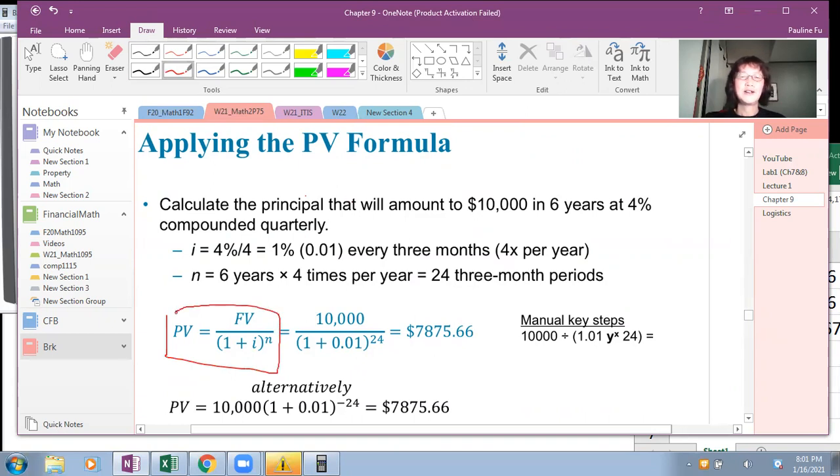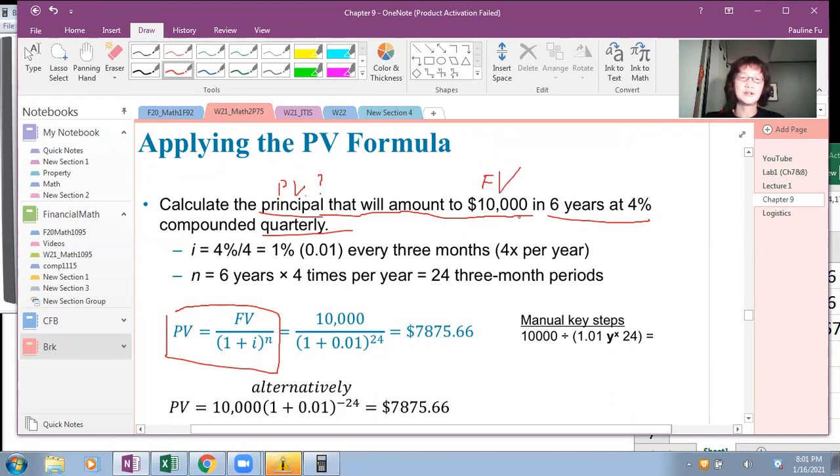Okay, so let's take a look at an example. Calculate the principal that will amount to 10,000 in 6 years at 4% compounded quarterly. So the question asks you, what is the PV? And the future value of 10,000 is given.